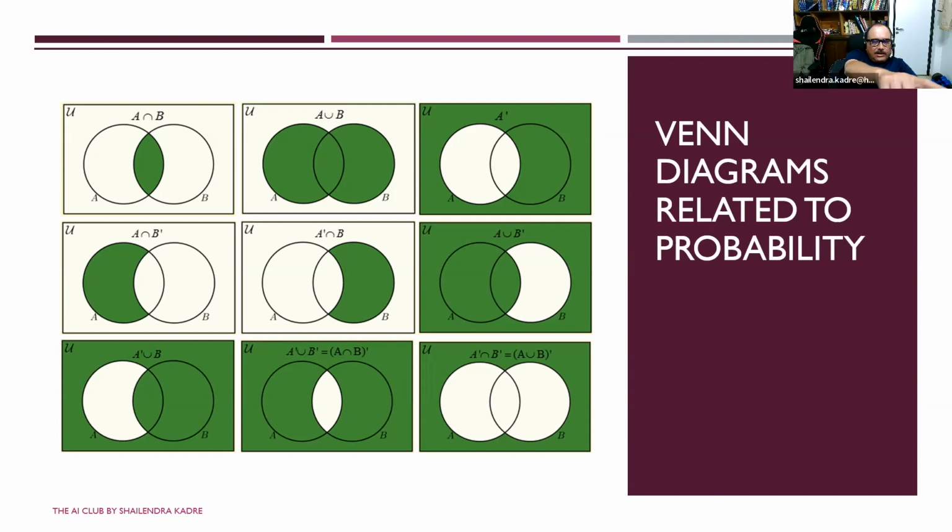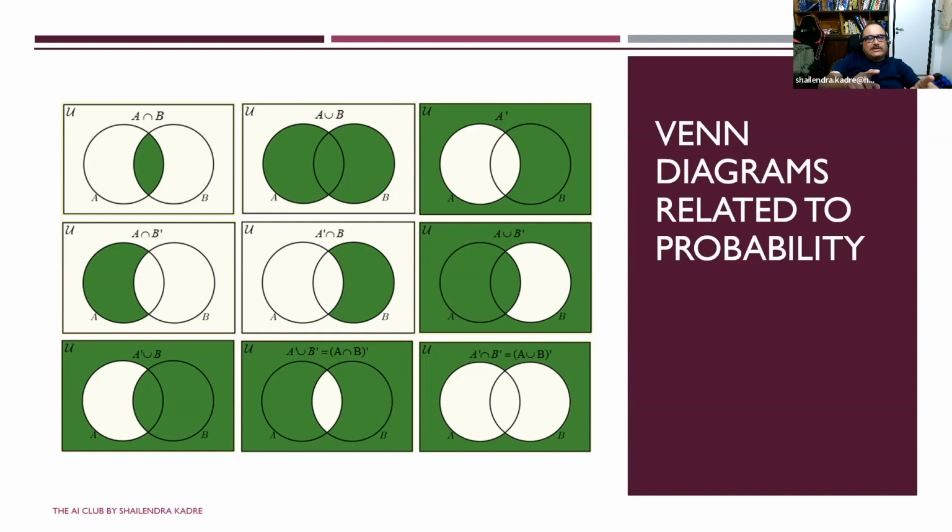Now the second row, first one. That is A union B dash. B dash means everything outside B, and A you also have to consider.